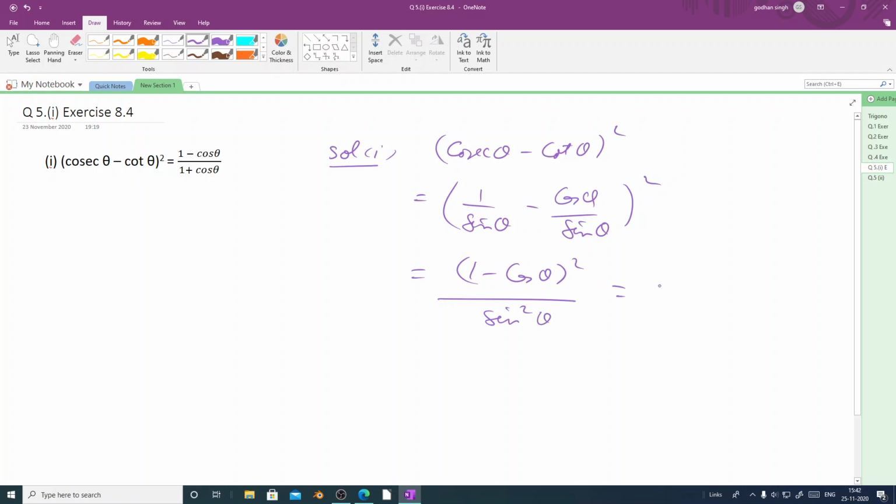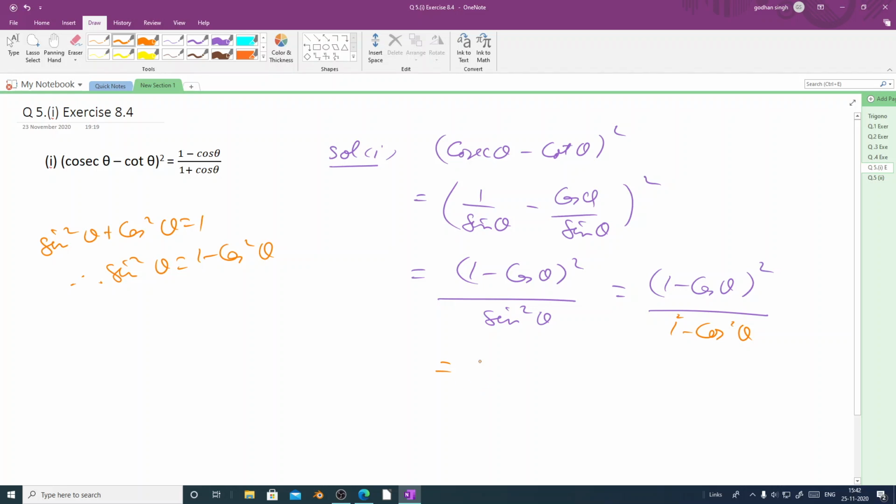Because we have the identity sine square theta plus cos square theta equal to 1, therefore we can write sine square theta as 1 minus cos square theta. So that is what we apply here. We can write this as 1 minus cos theta whole square over 1 minus cos square theta, and this further can be written as 1 square minus cos square theta.